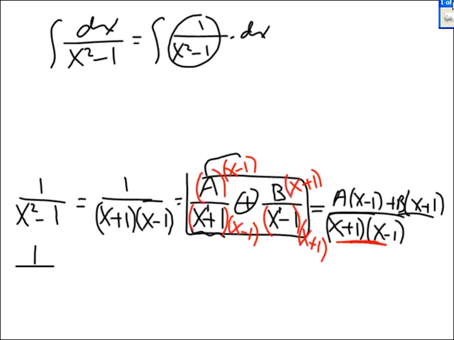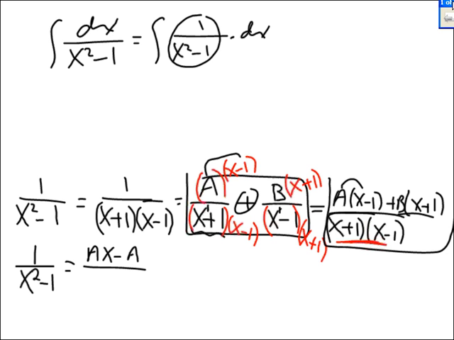So for one reason or another, I want to write down 1 over x squared minus 1. And I want to clean up the numerator. I want to distribute the a. So I get ax minus a. And do the same with b. Plus bx plus b over x squared minus 1.